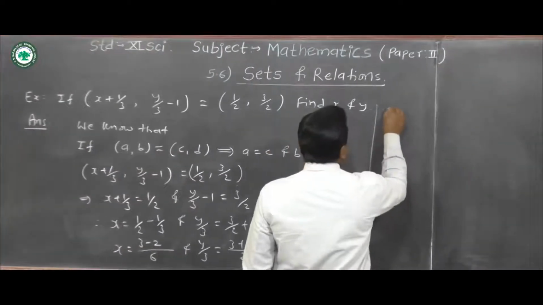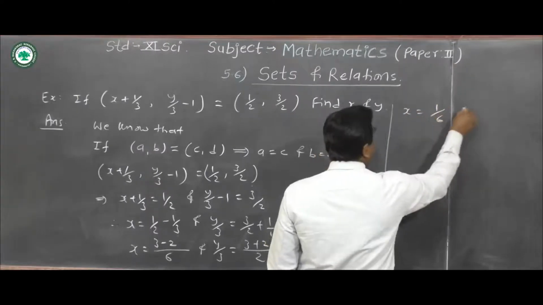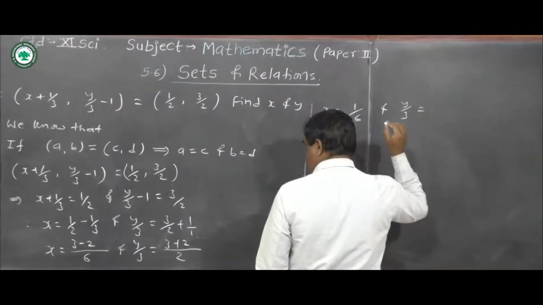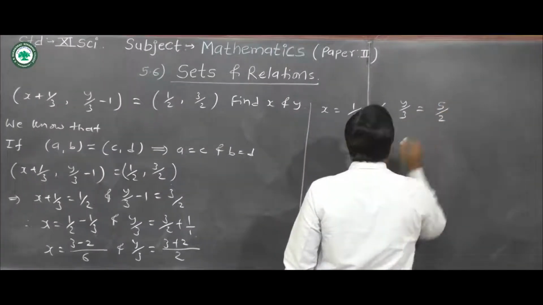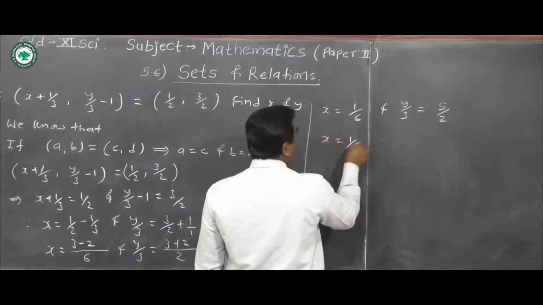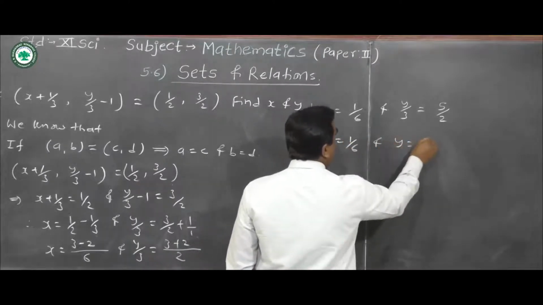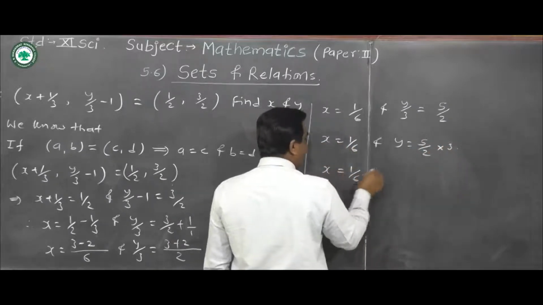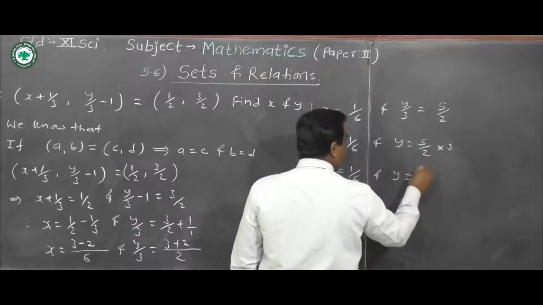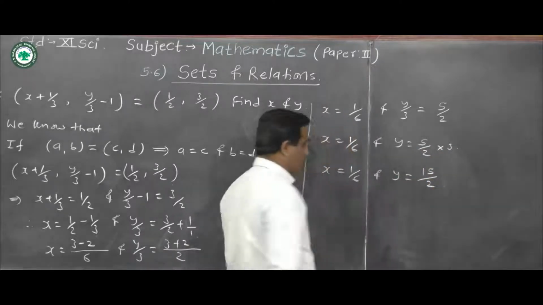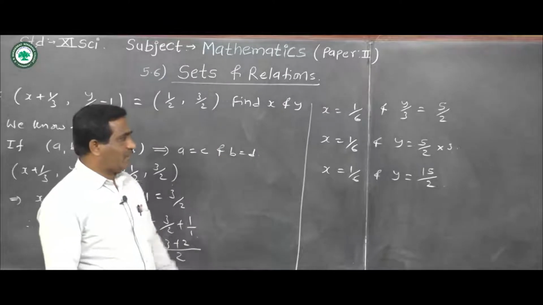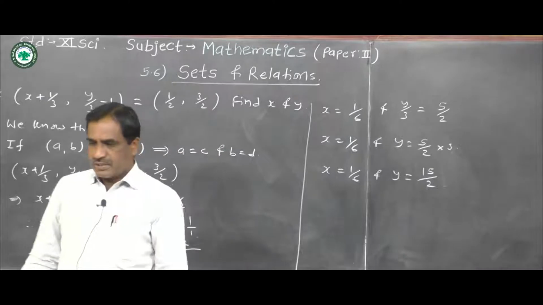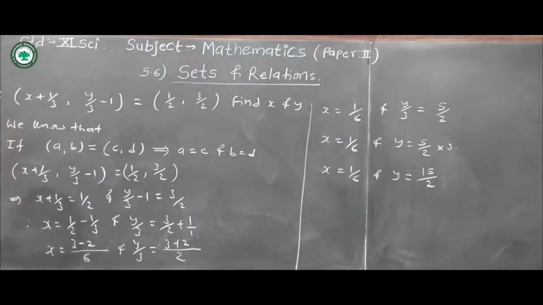That is, we get here x is equal to 1 by 6 and y upon 3 is equal to 5 by 2, that is x equal to 1 by 6 and y is equal to 5 by 2 into 3, so we get y is equal to 15 upon 2. Now these are the values of x and y: x is equal to 1 by 6 and y is equal to 15 upon 2. Simple example. Now we see the next example.